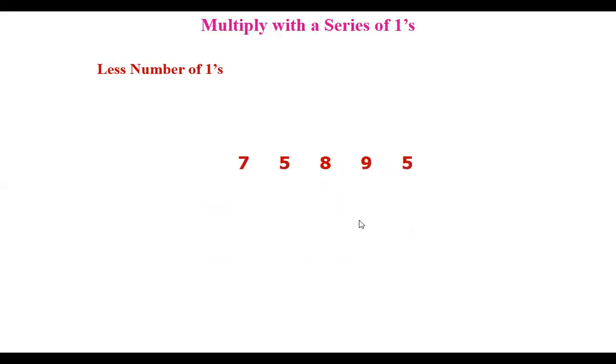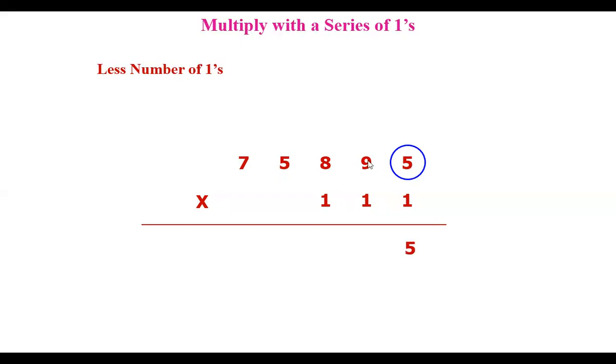Next. Suppose we have 5 digits in this number, 75,895, multiplied with a 3-digit number. Here we are going to multiply with a 3-digit number. So how? Let us start with the rightmost, one number, 5. 5 is put here.